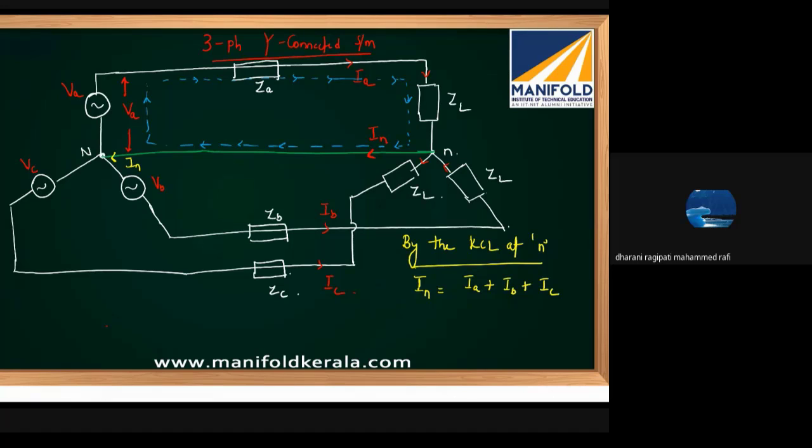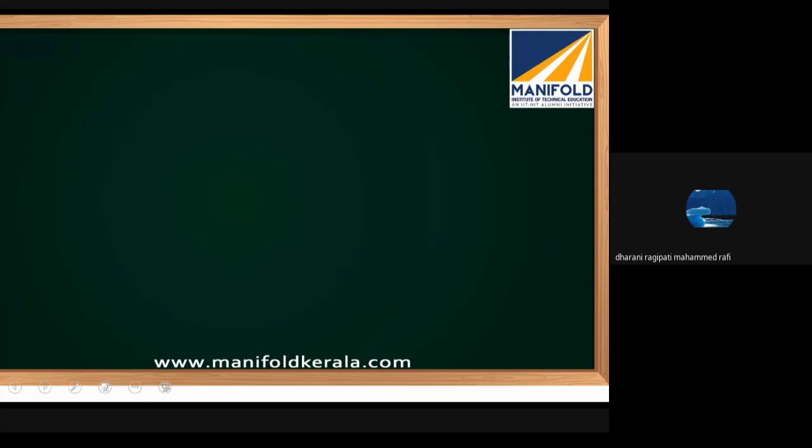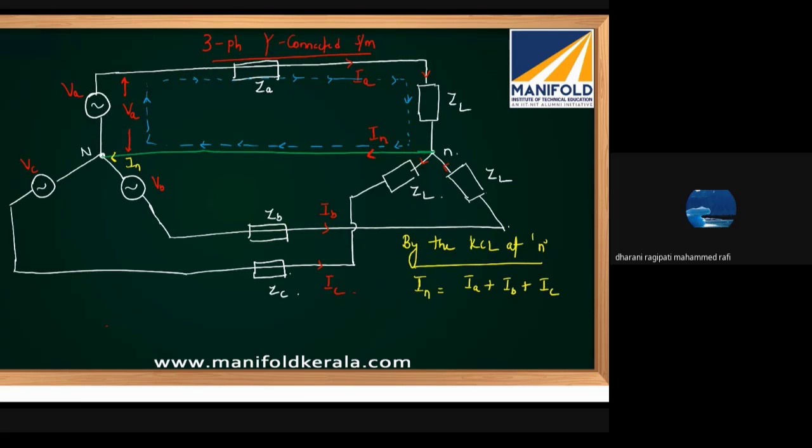Now, if I try to compute my IA, my A phase current will become VA divided by, see how many impedances it will see in this loop. In this loop, it will see the source impedance, transmission line impedance, plus the load impedance.